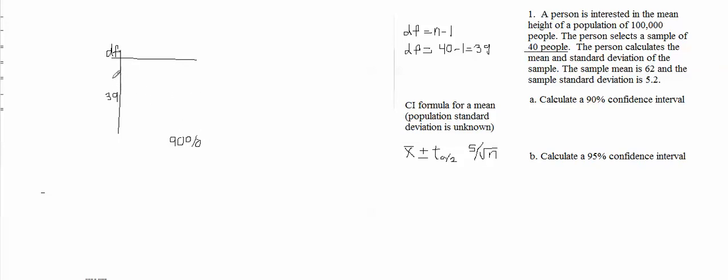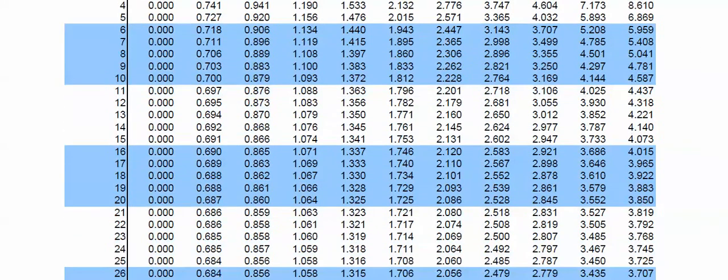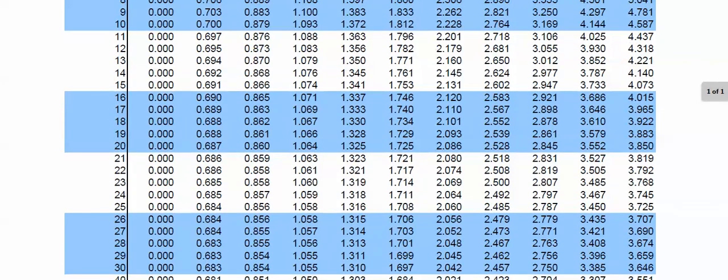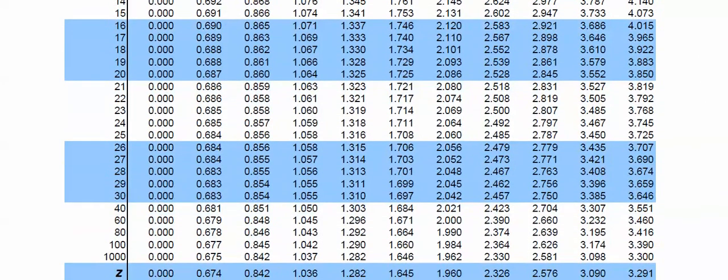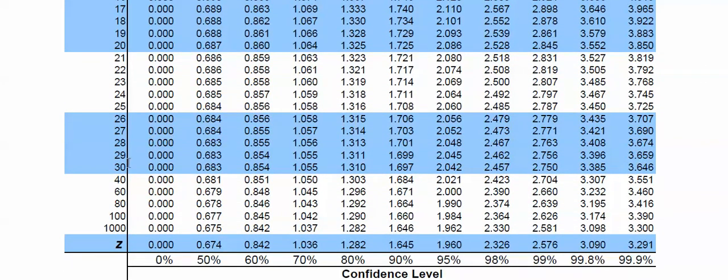And if the table doesn't have 39 in the df column, we'll just go to the next lower one, which is 30. So now let's go back to the table. There is no row for 39, so we'll use 30. So we want the 30th row, and we're creating a 90% confidence interval, which is right here.